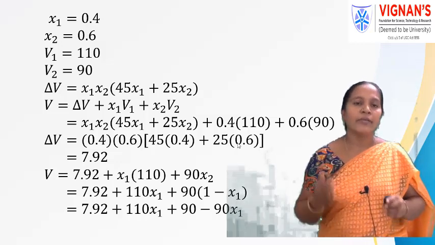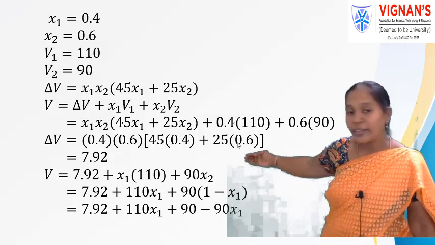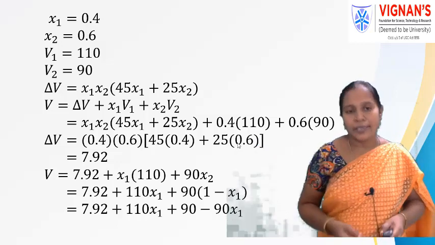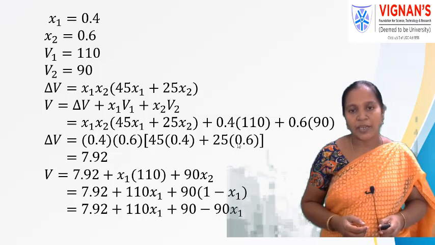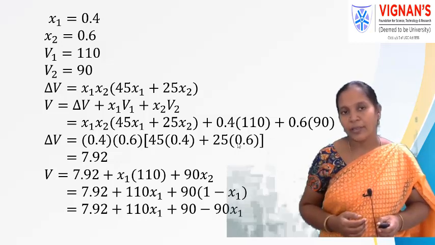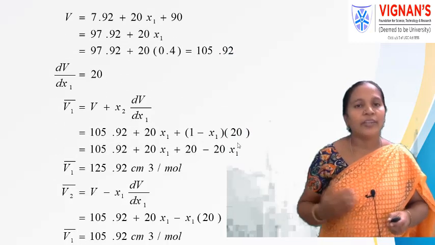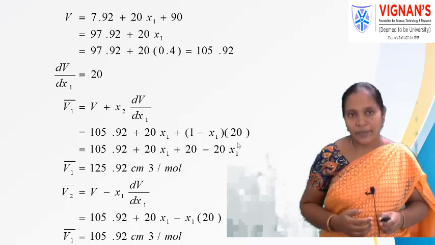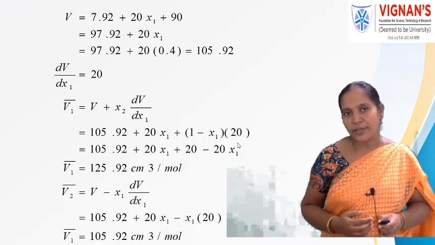Then calculate V. V = 7.92 + x1 times 110 + 90 x2. Then simplify the V expression. We will get the expression in terms of x1, that is 7.92 + 20 x1 + 90, which equals 97.92 + 20 x1.